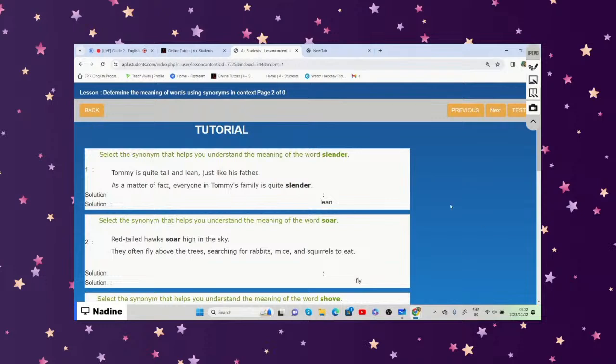So if we choose the word that is similar to slender, we will choose lean, right? So lean, which means that he's tall and lean. We don't say he's tall and thin, we can say he's tall and lean, just like his father, and that is slender.